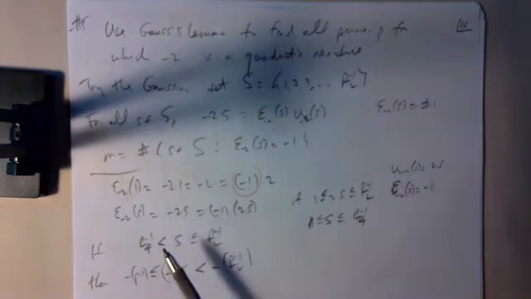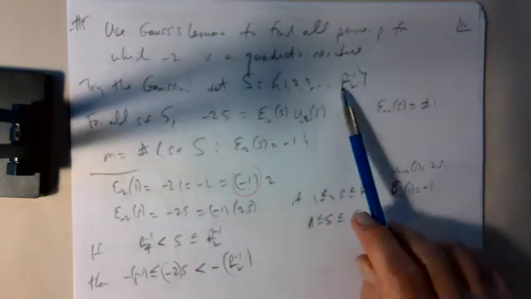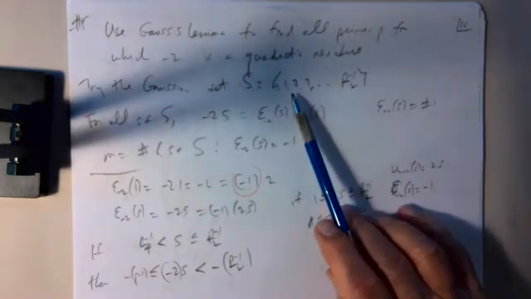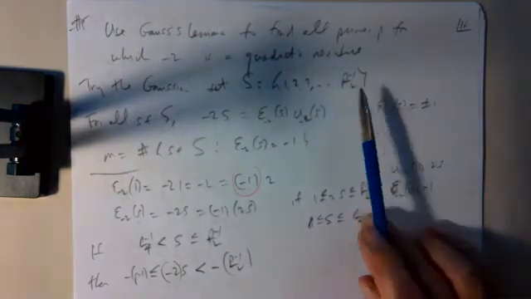Right. I have to take each of these numbers, multiply it by −2, and then that's always going to be equal to plus or minus something in this set.